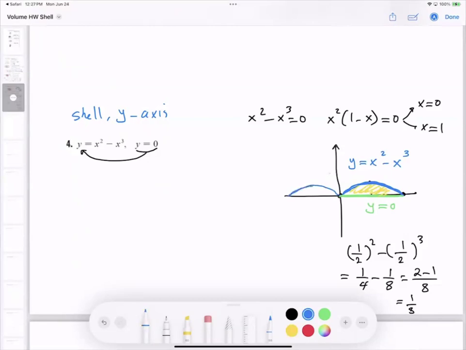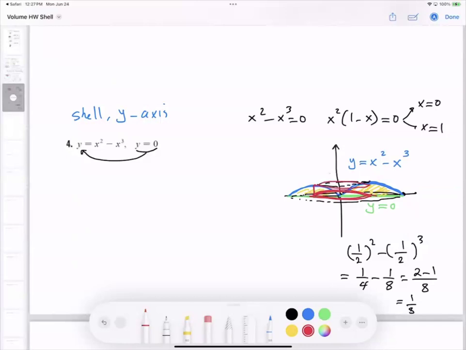Here we go. To give it a little bit of dimension, we're using these dotted lines to show that this object is rotated about the y-axis. All you need to do is find the circumference of your shell and then find the height, and then you're done.